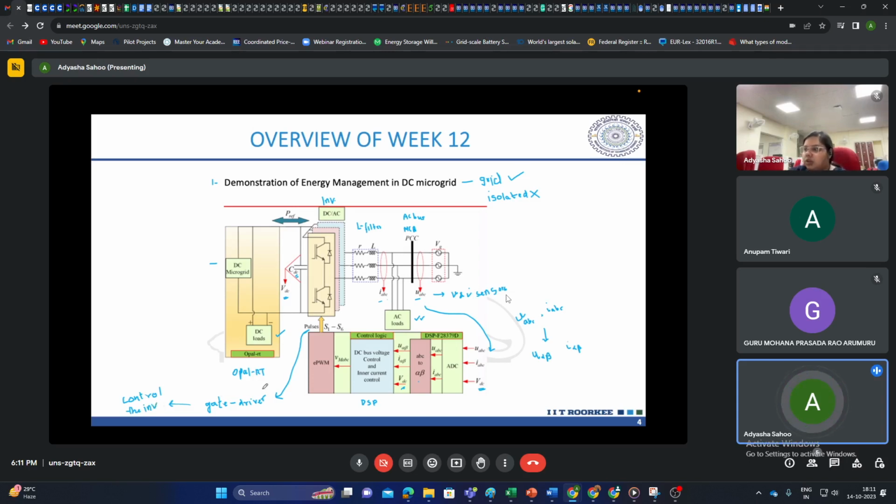Okay, and what is this control algorithm basically? We will see in the next slide.